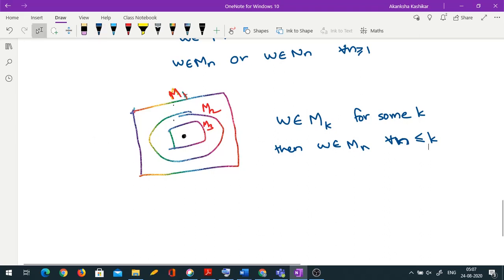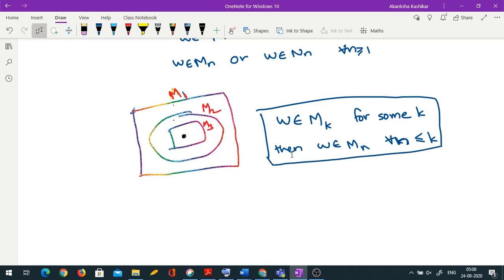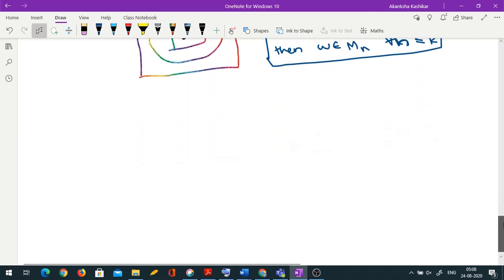Since Mn's are decreasing, we saw here that if omega is in M3, it has to be in M2, M1 also. That is exactly what I am trying to write over here. So if omega is in Mk for some k, then omega has to be in all the Mn's before that k because of the decreasing nature. And the same thing is true for Nk's or Nn's. Okay, so we are going to use this fact.